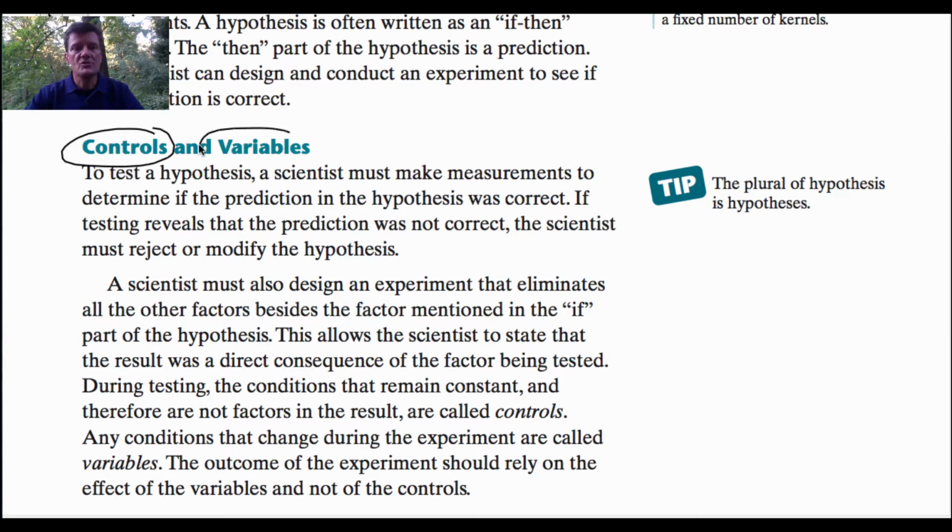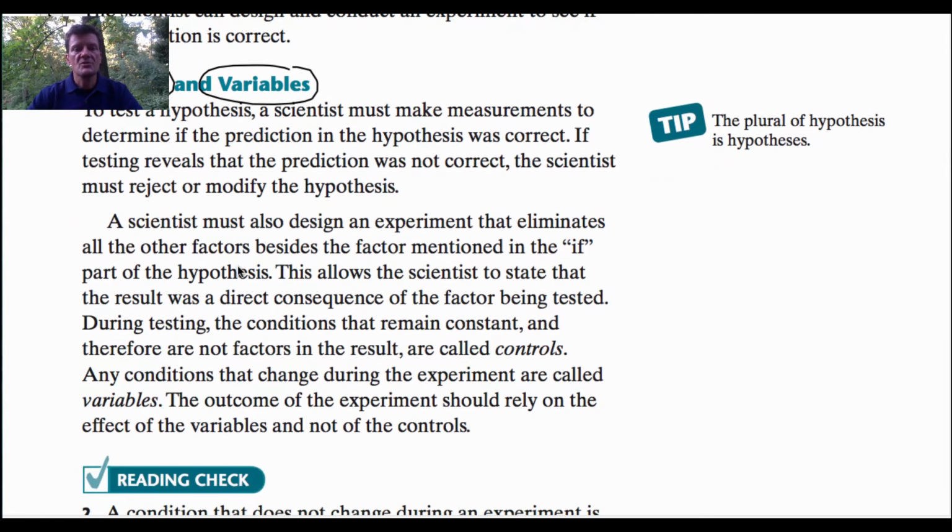When you are running your experiment, you have different variables or controls. So let's make sure we understand what these are. Controls, anything that remains constant. So in your notes, just write down the word controls, and those are things that you're trying to maintain as constant as possible so that they don't affect your results.